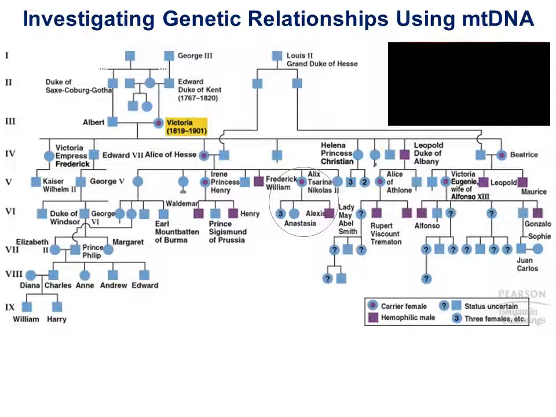So knowing that mitochondrial DNA comes from your mother, are there any living relatives alive who we could compare the mitochondrial DNA to who should be a match to Alexandra's daughter, Anastasia? So take a minute and look at the family tree and see if you can figure this out.